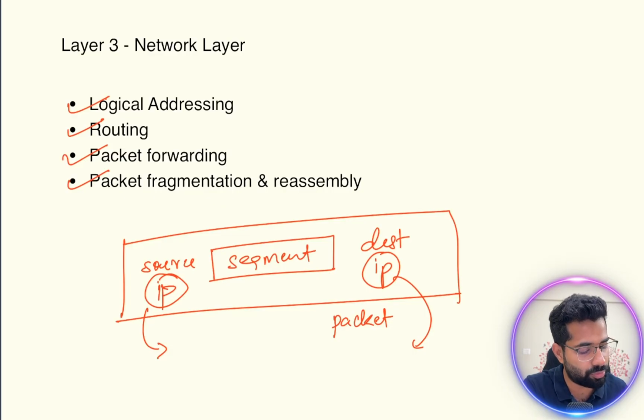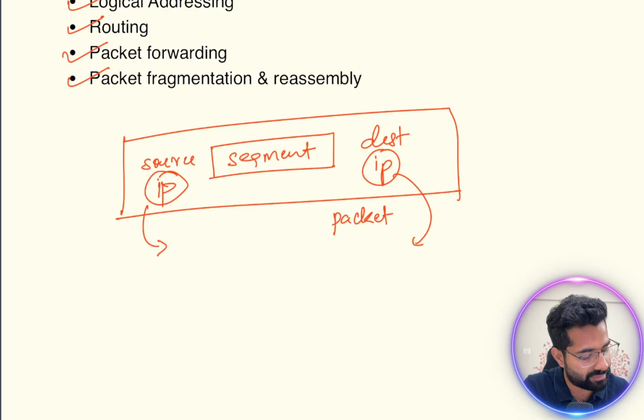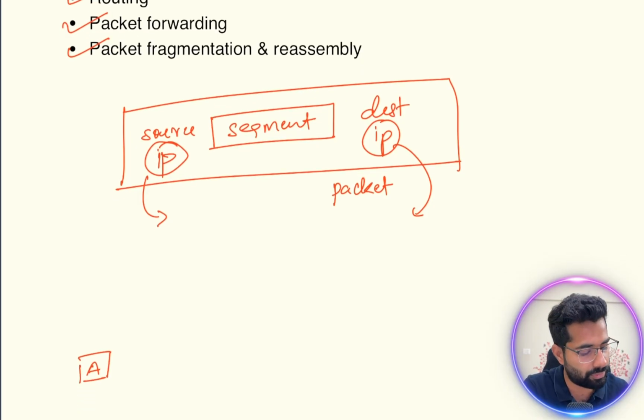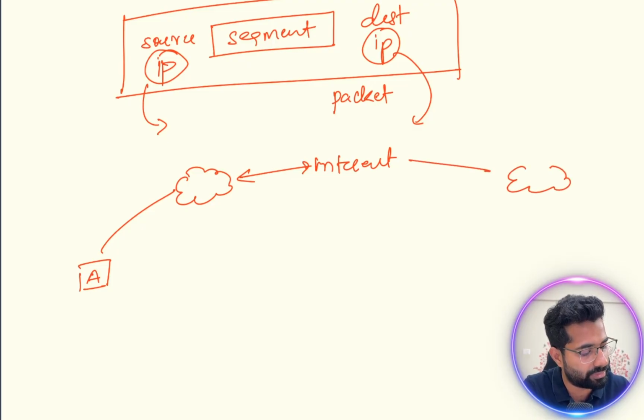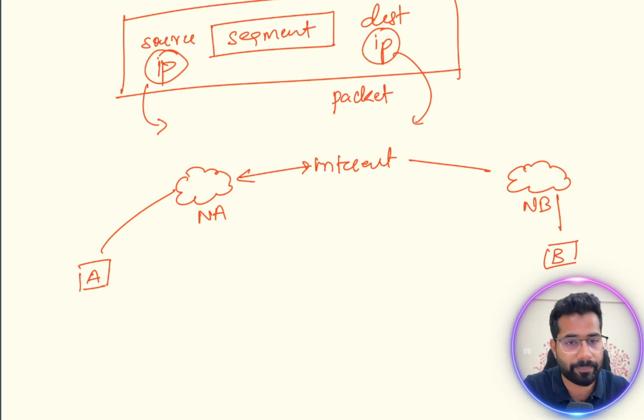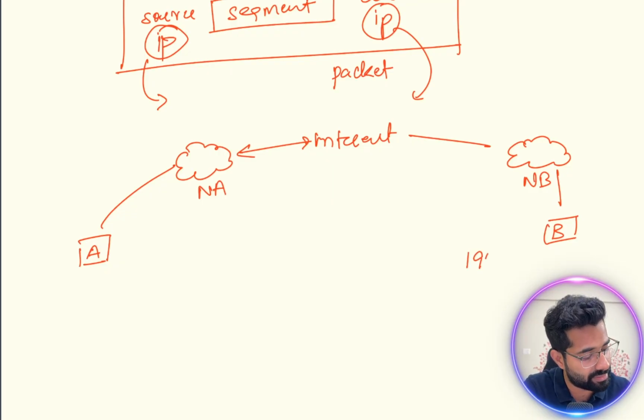Now these need to be routed on the internet. Let's say you have a computer that is connected to one of the LAN networks, which is internally connected to the internet, and which is again connected to networks, let's call them network A and network B, which finally has your destination servers. Let's say the destination server has an IP of 192.168.30.2, whereas the network has an IP address of 192.168.30.x.